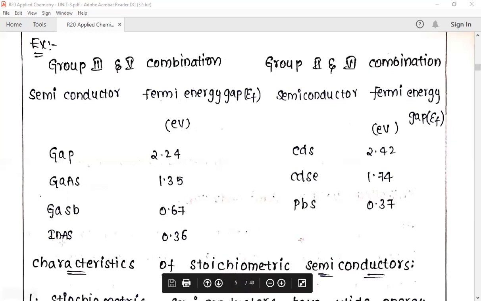And coming to another type of semiconductor, indium and arsenic combine to form a semiconductor with an energy gap of about 0.36 electron volts.